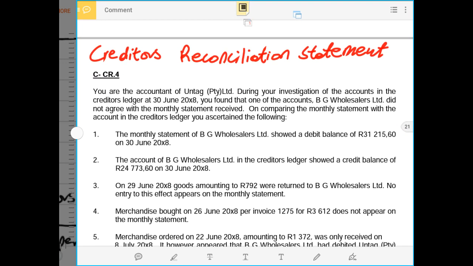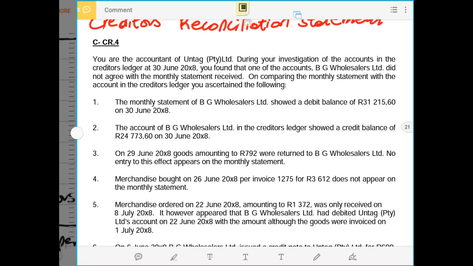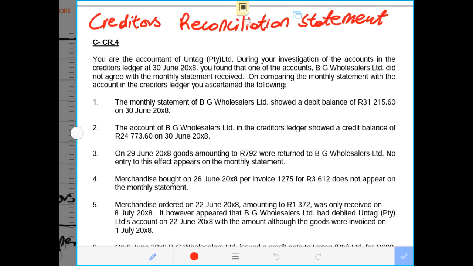So let us see what information is provided to us in this exercise. It says you are the accountant of Antec Pty Ltd. During your investigation of the accounts in the creditors ledger at 30 June 2008, you found that one of the accounts, which is BG Wholesalers Ltd, did not agree with the monthly statement received.